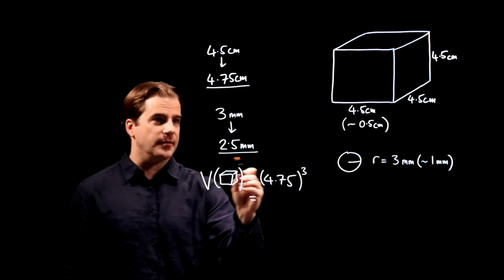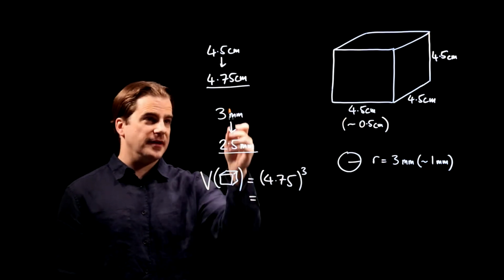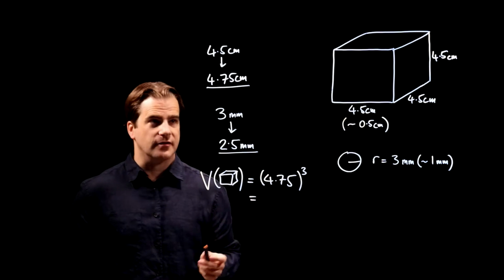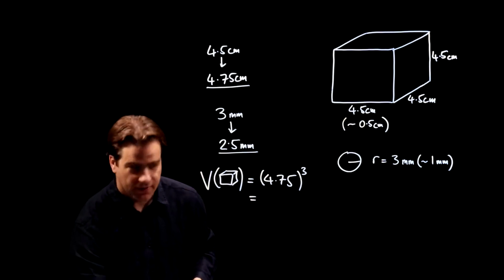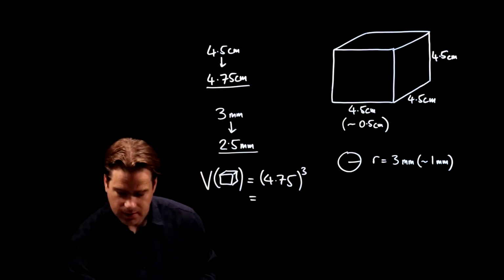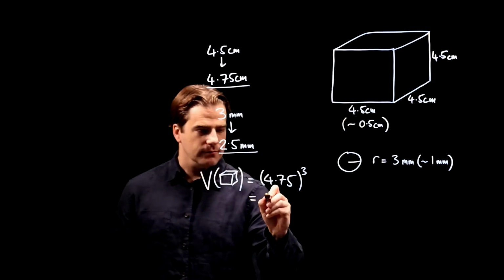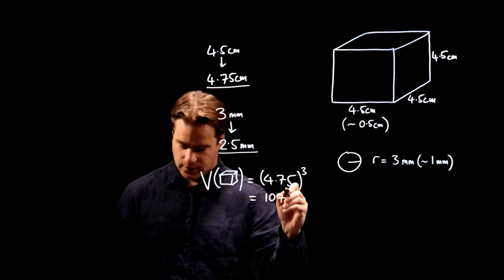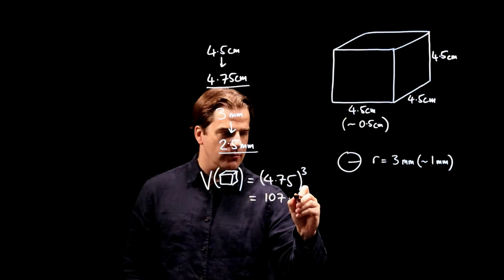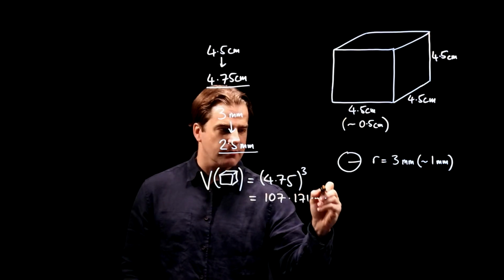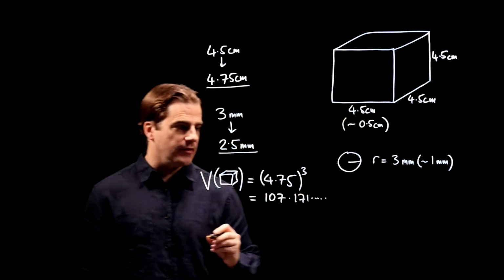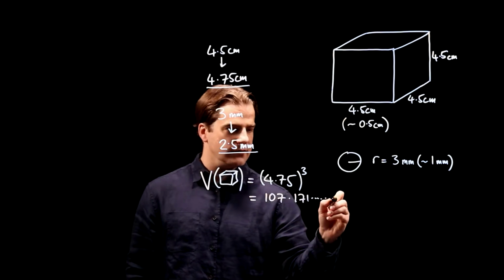And I'm working in centimetres here. You can work in millimetres if you want, it doesn't really matter. I've just started with centimetres, so I'll continue. And that is 107.171 something something something. Put it in your calculator's memory. Okay, cm cubed.